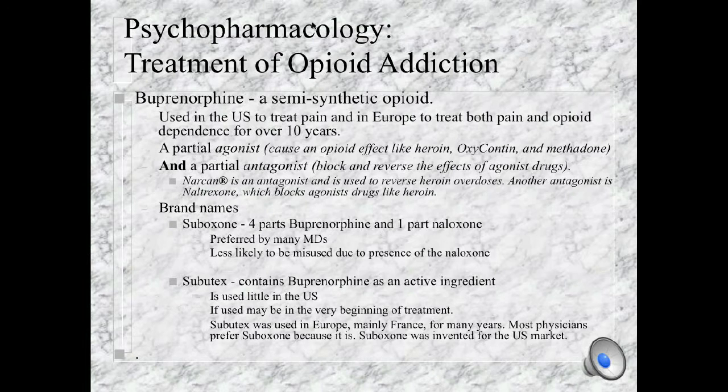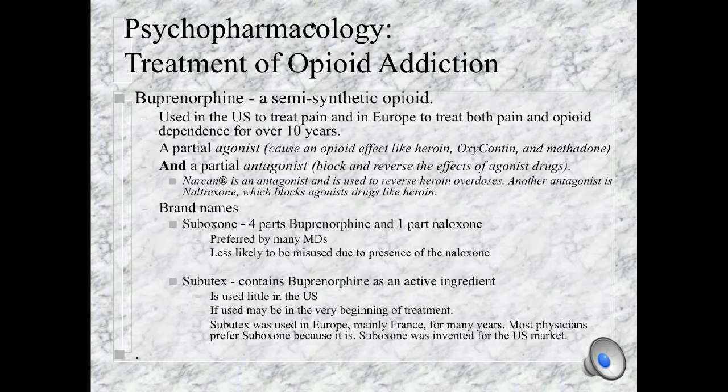So buprenorphine, Suboxone, comes as 4 parts buprenorphine, 1 part naloxone, and so this is less likely to be misused due to naloxone. We were talking about receptors, and there's an agonist type effect with heroin, for example, which really attacks those receptors and produces the high that it does.